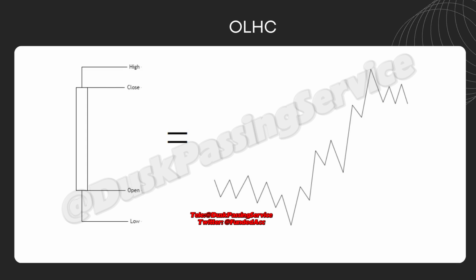Now remember that each time it will tell you a different story, and your job is to dissect and analyze what each candle is trying to tell you, right? And you're going to tell that by combining it with higher time frame key levels and dealing ranges, right? And you're going to see what price has done close to the opening time or close to the closing time, right?